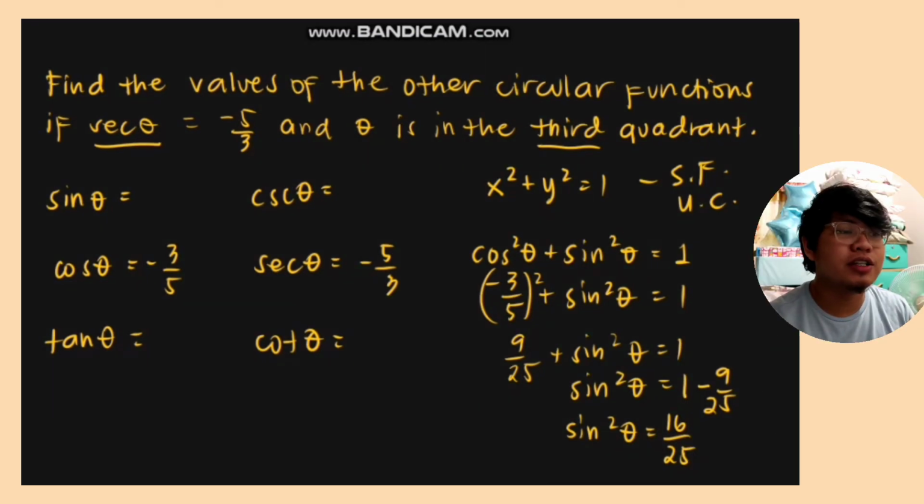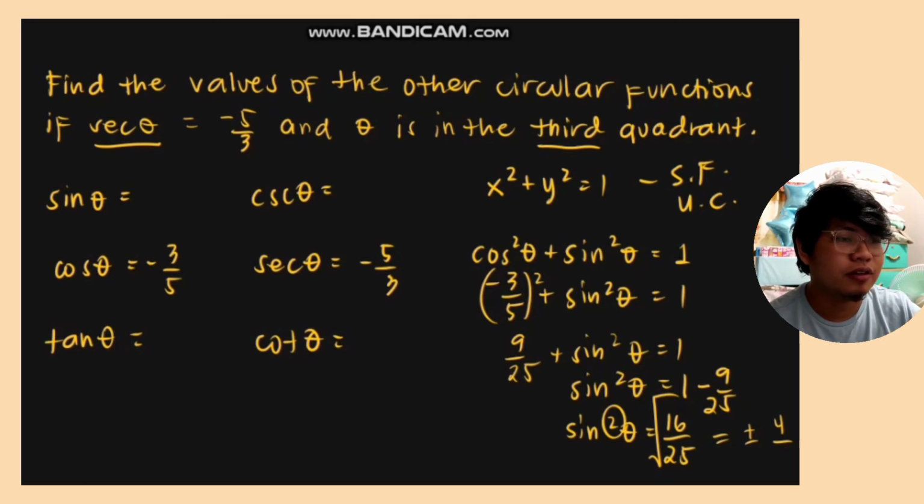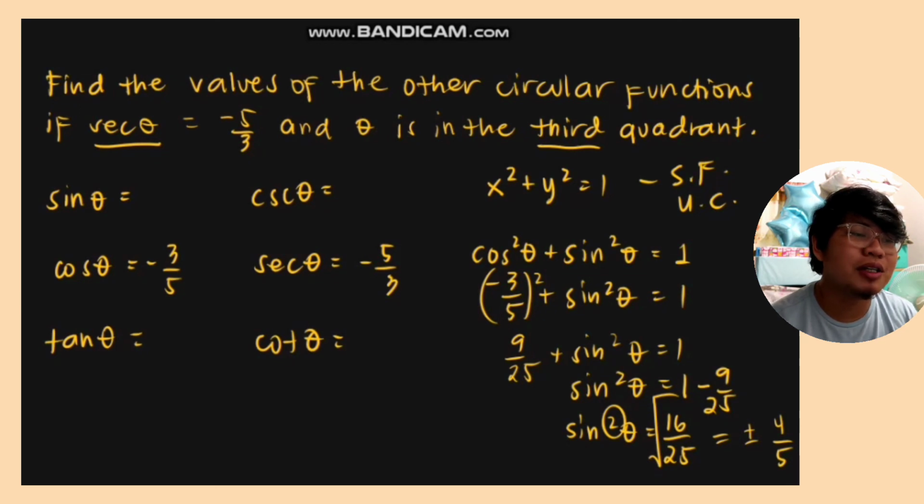Okay, so, remember, naka-squared pa tayo sa sin. So, square root na muna natin yung 16 over 25. This is equal to positive and negative 4 over 5. Ngayon, meron tayong dalawa: positive 4 over 5 and negative 4 over 5.